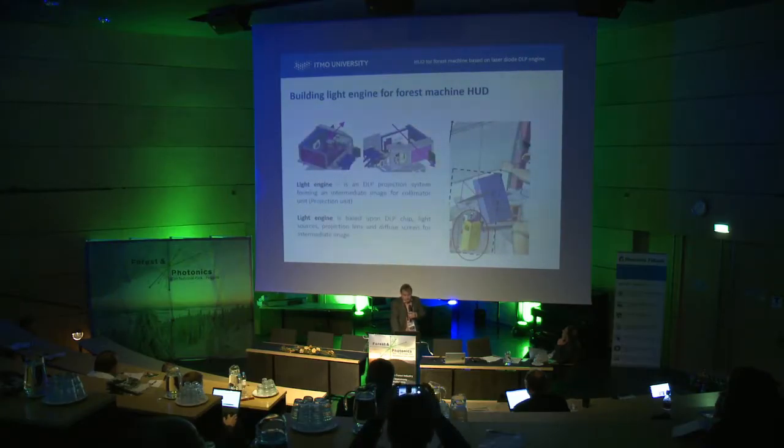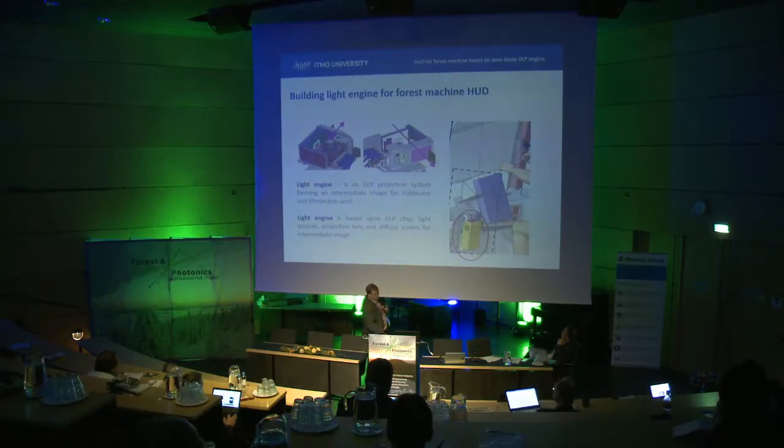And what is a light engine? This is a small projector. This is a small replica of the beamer used in this auditorium. And this light engine provides initial image, which is then projected by optical system in the front of operator.